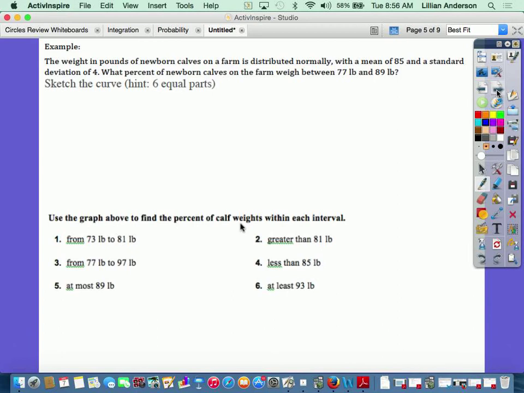When they create EOCs and all these standardized tests and then come up with a score that's considered passing, they take the very first group that does the testing. In our case with Algebra 2, you guys are the first group to do the Algebra 2 EOC. They're going to collect all the data, find the average, and then find the standard deviation.